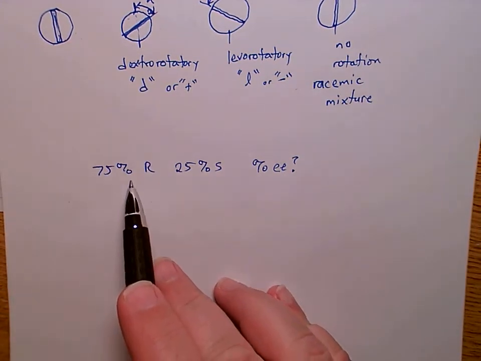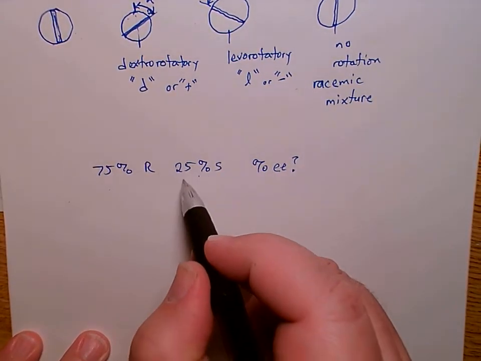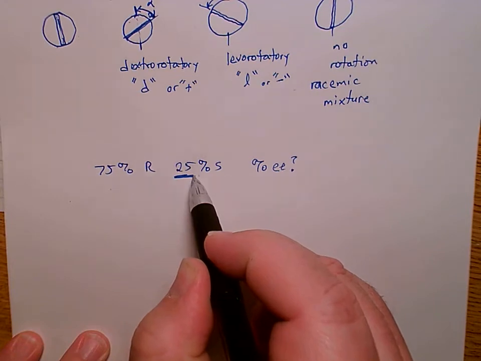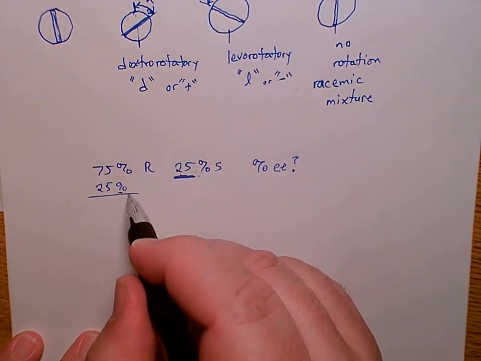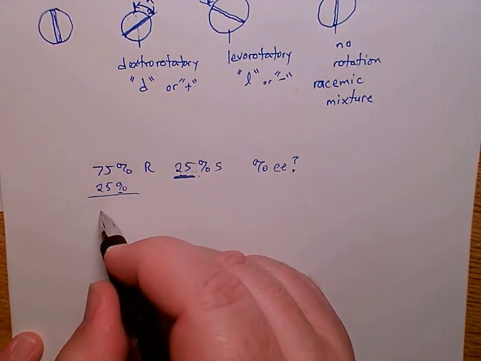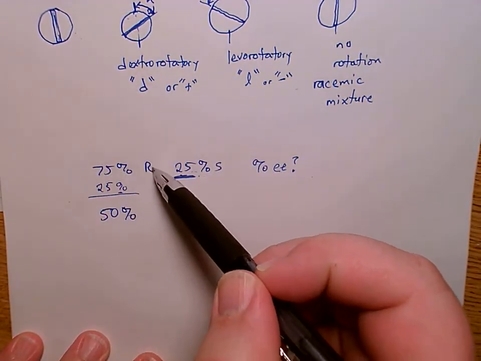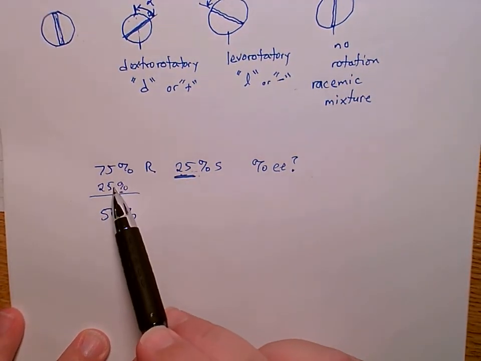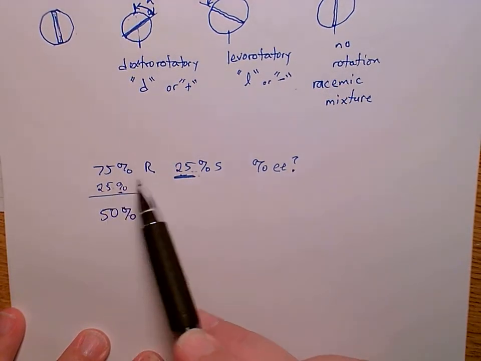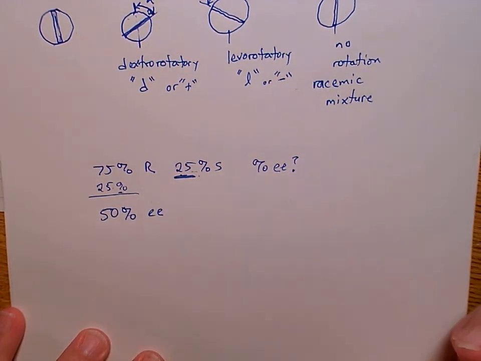Well, if 75% of it is R, 25% is S, this 25% that is S is going to counteract 25% of the R as a racemic mixture, which means we have 50% of the R left over. 75% of the molecules were the R isomer, but 25% formed a racemic mixture with S, giving us 50% of the R left over, so 50% is the enantiomeric excess of the R isomer.